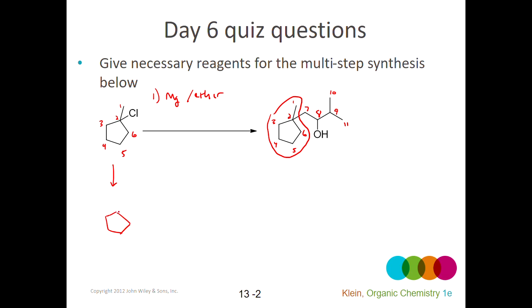And so the idea there is the magnesium has a pair of electrons. If it's neutral, which is what I would have to use, neutral magnesium metal, it's going to basically use those electrons to form a bond here, and the chloride is going to leave. So whether that happens by SN1 or SN2, or maybe a free radical mechanism, we don't worry about that. That's really more than we have time or the need to consider. But these electrons are going to end up here.